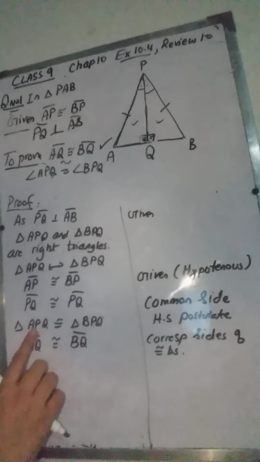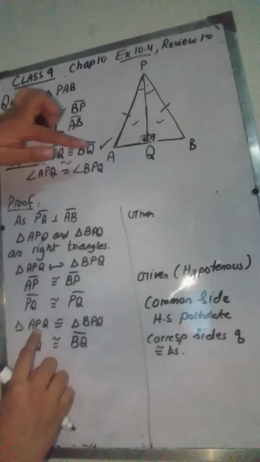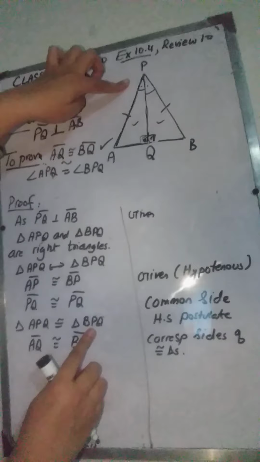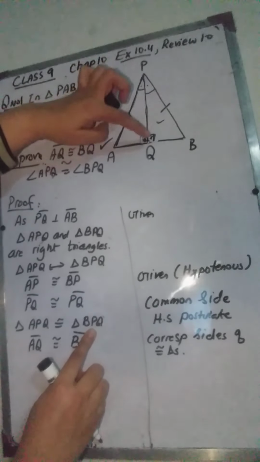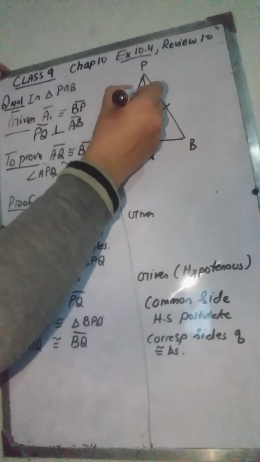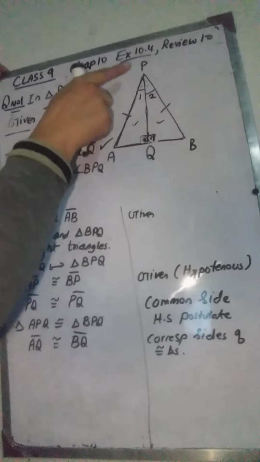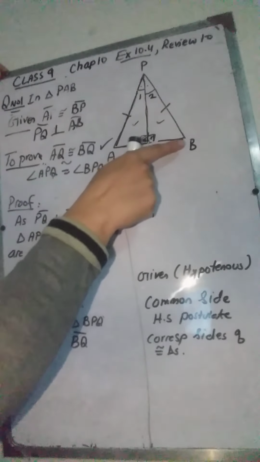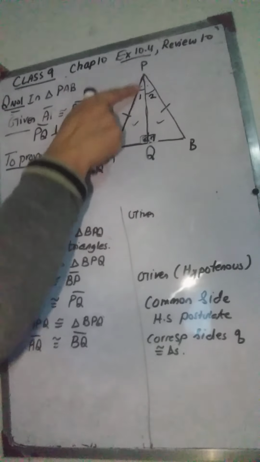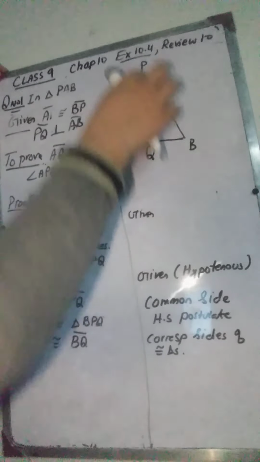Now, if you look here, the vertex P in triangle APQ corresponds to vertex P of this triangle. Let us name the angles 1 and 2. Angle 1 is the angle corresponding to vertex P of the first triangle, and angle 2 is the angle corresponding to vertex P of the second triangle.